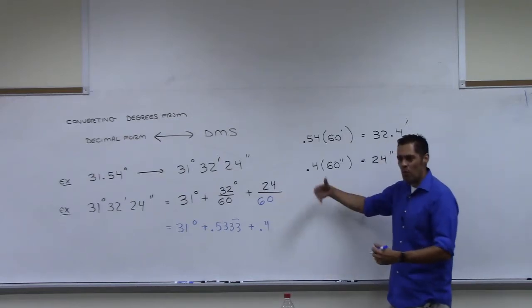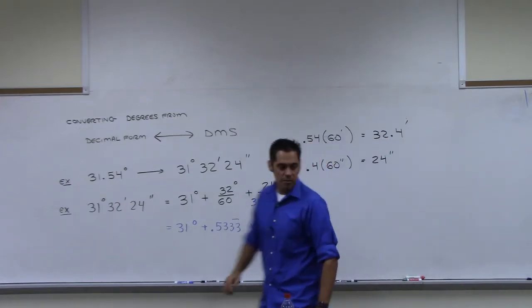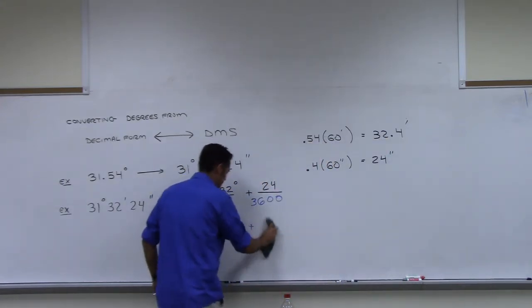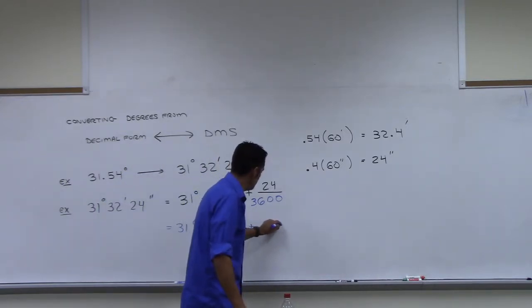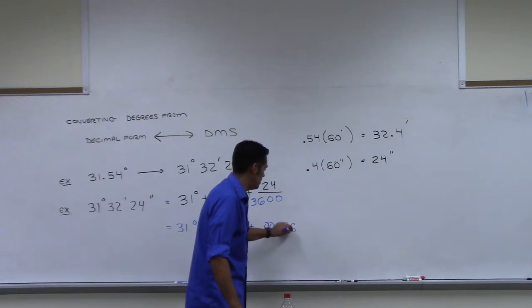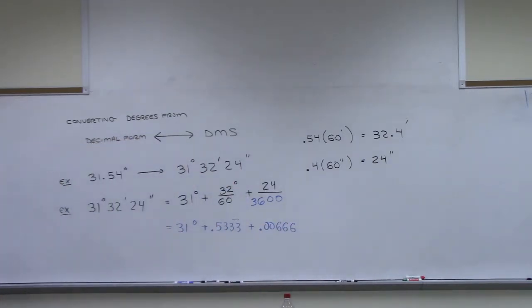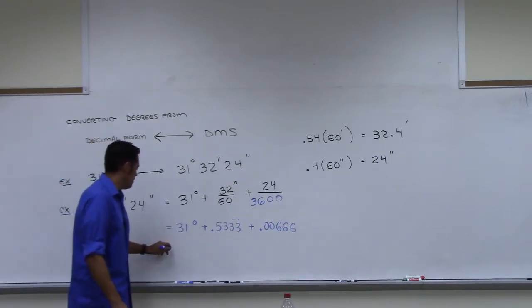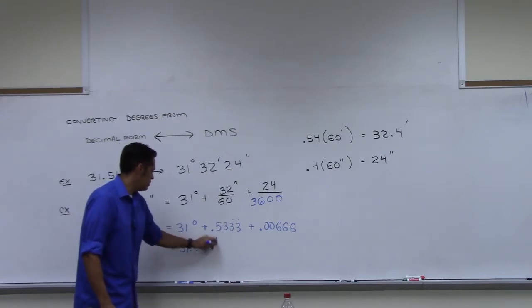I just wanted you to see why it happens. Now can you do that on your calculator and tell me what you get? 0.006666. Scary. And if you put those together, you might have some rounding error, but this should be approximately 31.54 degrees.